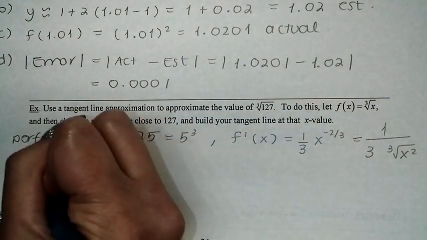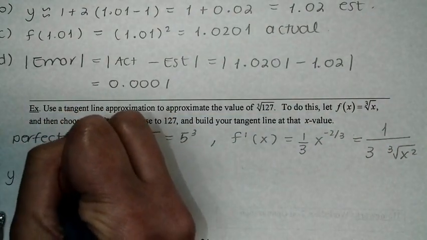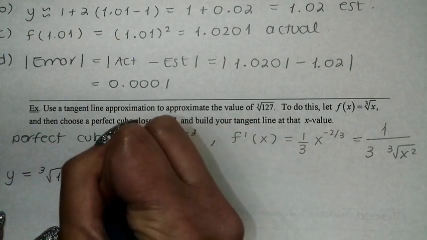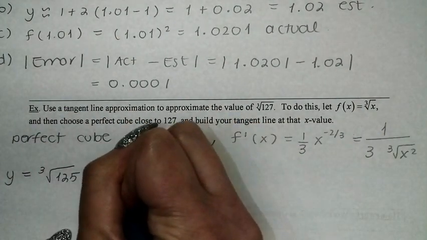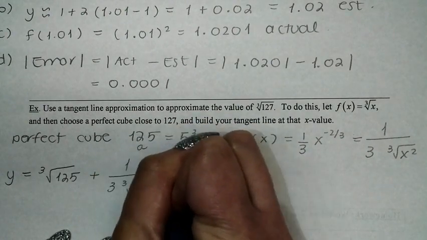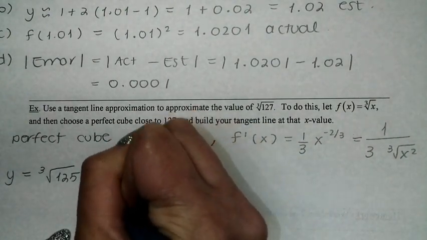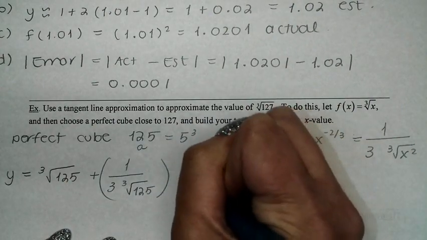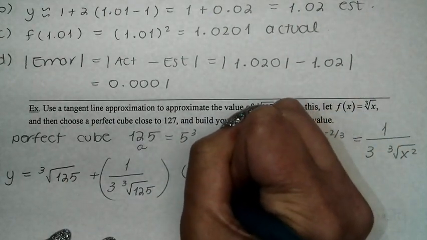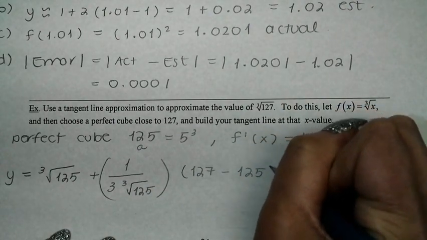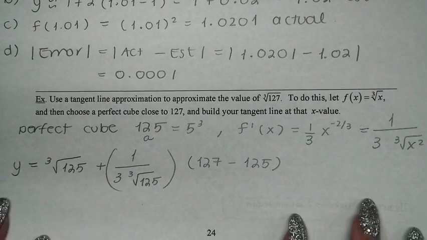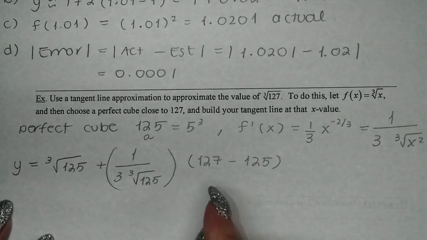So your f of a is going to be the cube root of 125, plus f prime of a, which is the derivative with the 125 inside. So this is your slope, times the x. What's the x? The x is 127 minus a, which is 125. So you have all the pieces. This is your approximation.